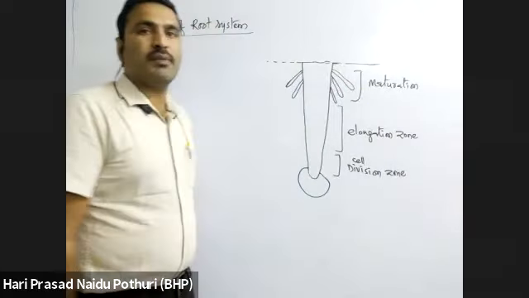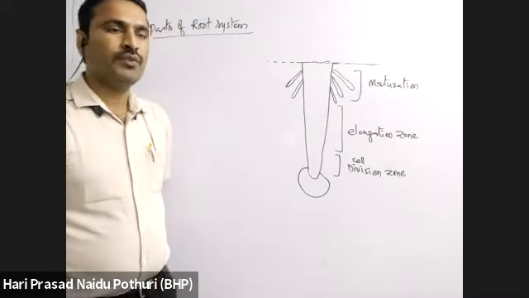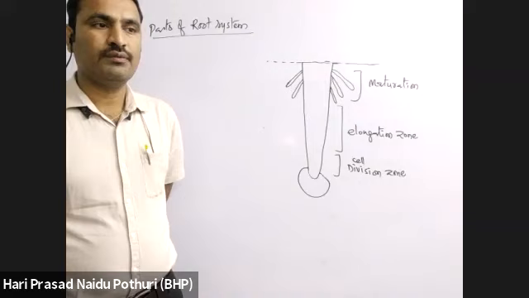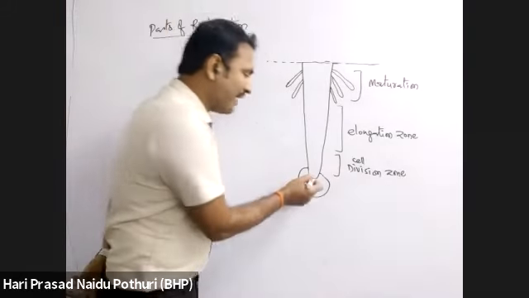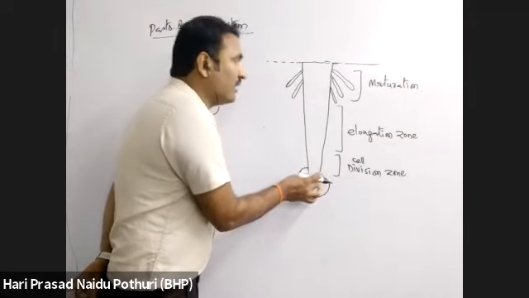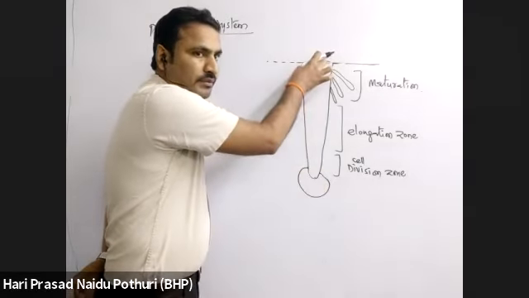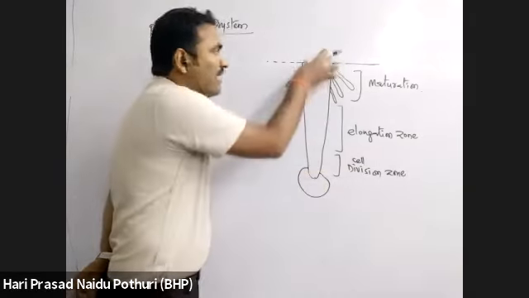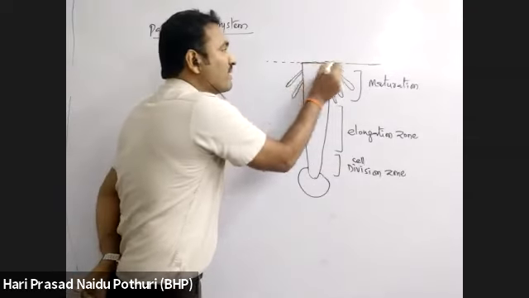So the root is majorly divided into three parts. From the terminal end, from terminal to base. This is the base of the root.